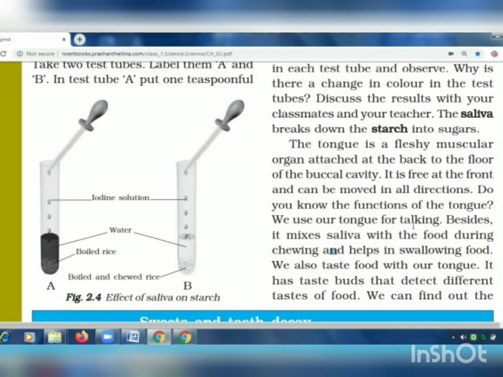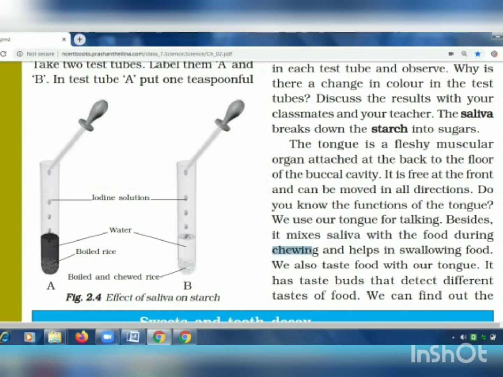Now, what is the function of the tongue? The first function is talking. We can talk properly because our tongue is moving. Besides that, it mixes saliva with the food. The saliva, the white colored liquid secreted in our mouth, is mixed with the food that we eat with the help of the tongue.